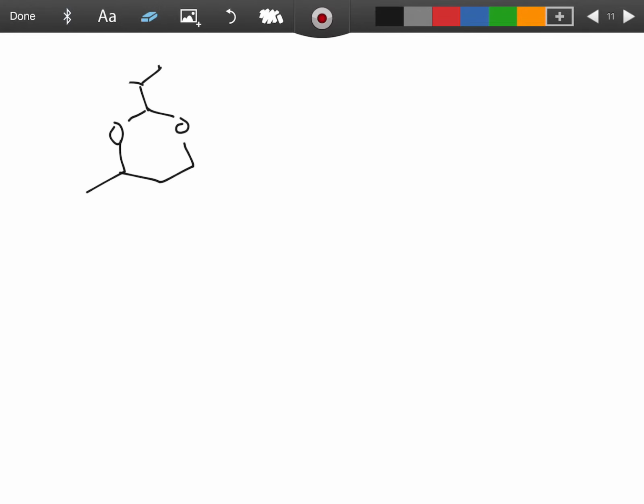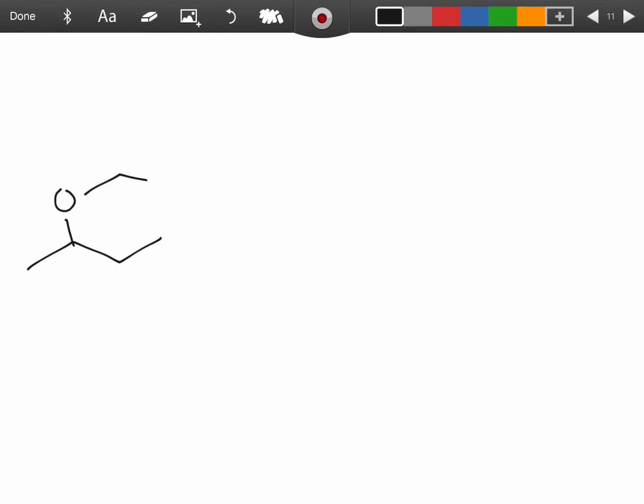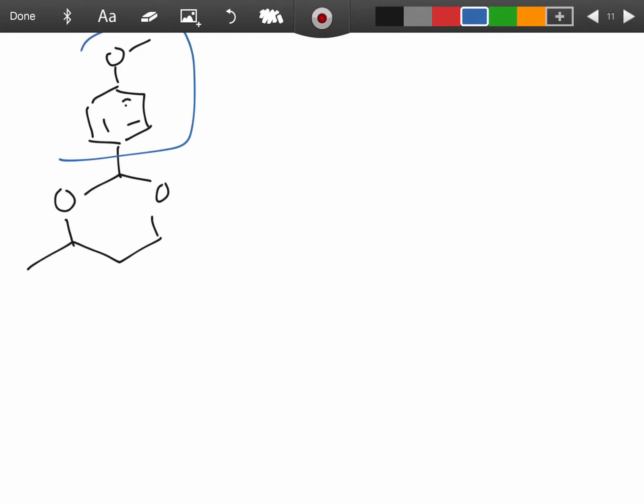Of course, I didn't give myself enough space because it's giant. PMP is para-methoxyphenyl, right? So this is PMP.